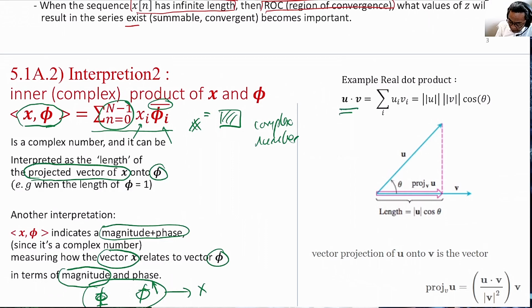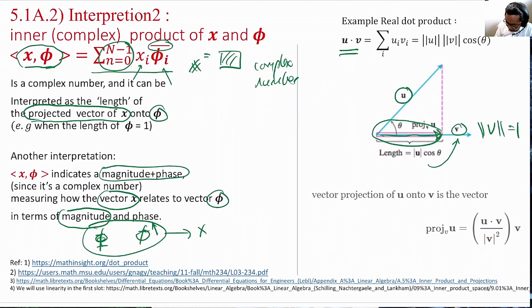If we see it from a linear algebra perspective, let u, the vector, be projected onto v. Let's assume v has norm 1. The projection of u onto v is this vector over here. It is a vector along v. Its length is the inner product, if the length of v is equal to 1.